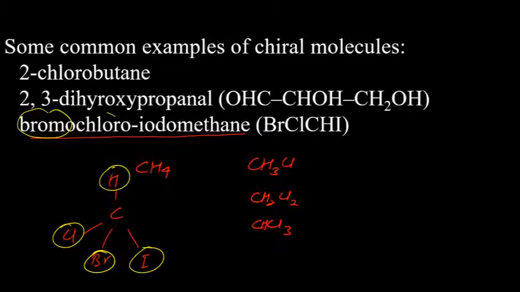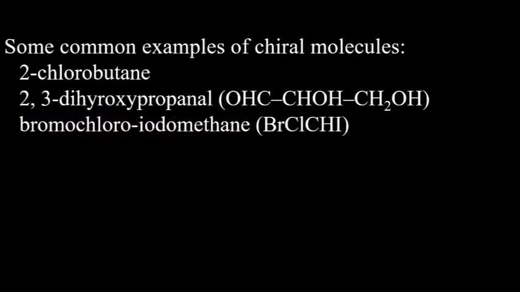Bromochloroiodomethane means we have methane, but three hydrogens are replaced by bromine, chlorine, and iodine. That's why it will have a chiral carbon. So it will be a chiral molecule.